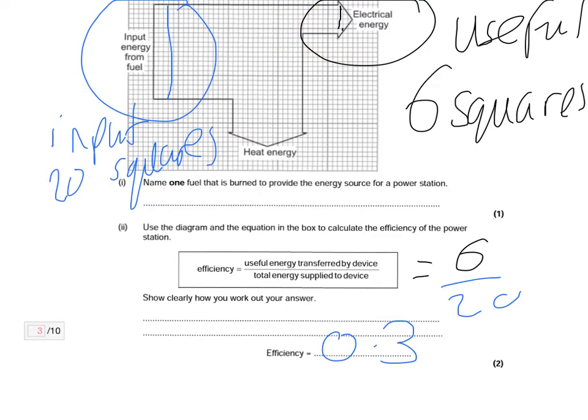Now what I've done with my calculations, that you can see over here, is that I've drawn a line across the Sankey diagram, which you should remember from P1.2 and 1.3. And I've then counted the number of squares. If you count across, you've got 1, 2, 3, 4, 5, 6 squares, which I've written here. So my useful output energy is 6 squares.